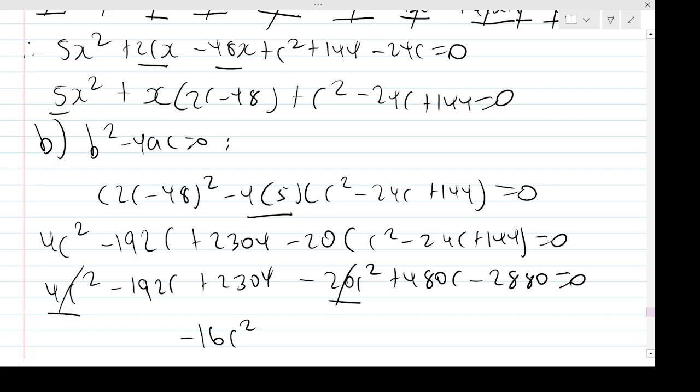Then we have minus 192r, and then plus 480r. So 192 add 480 gets me plus 288r. Then we add the numbers, so 2304 take away 2880, we will get minus 576 equal to 0.